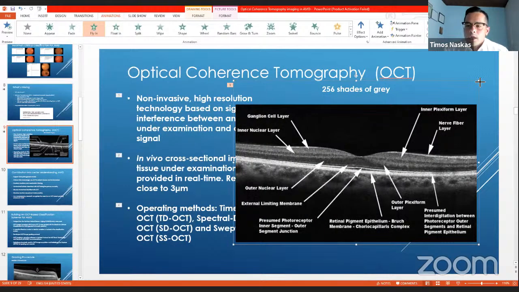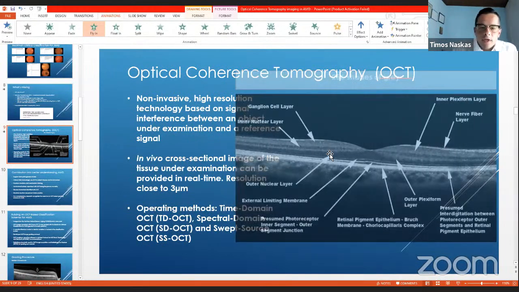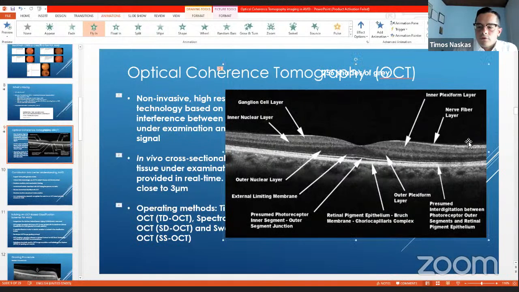If someone starts assessing an OCT image, it's quite easy to navigate through the layers. The first layer, the nerve fiber layer, is a hyperreflective one. And then the next one, which is the ganglion cell, is slightly hyporeflective. And then each layer goes on in a different manner. So the alternating reflectivity of each layer takes you through the assessment of the retina by itself.